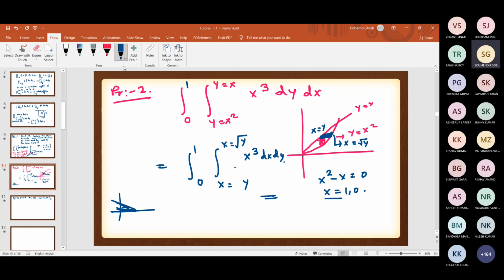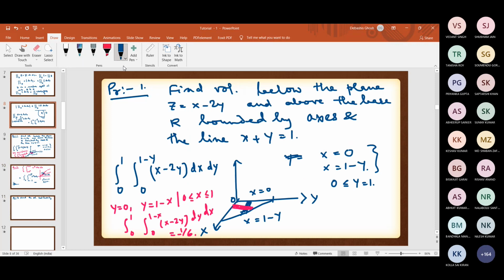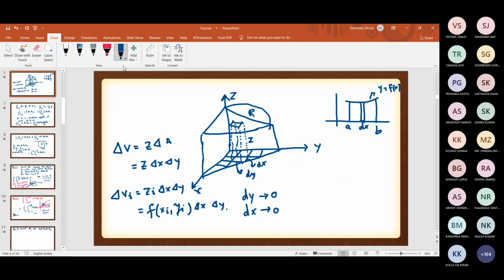Sir, in two-dimensional integration, the integral must be the area, and in three-dimensional integration, the integration will be the volume. Yes. For the simple cases, we are getting it to be your volume, because if you go through this one, that gives you the volume ultimately.